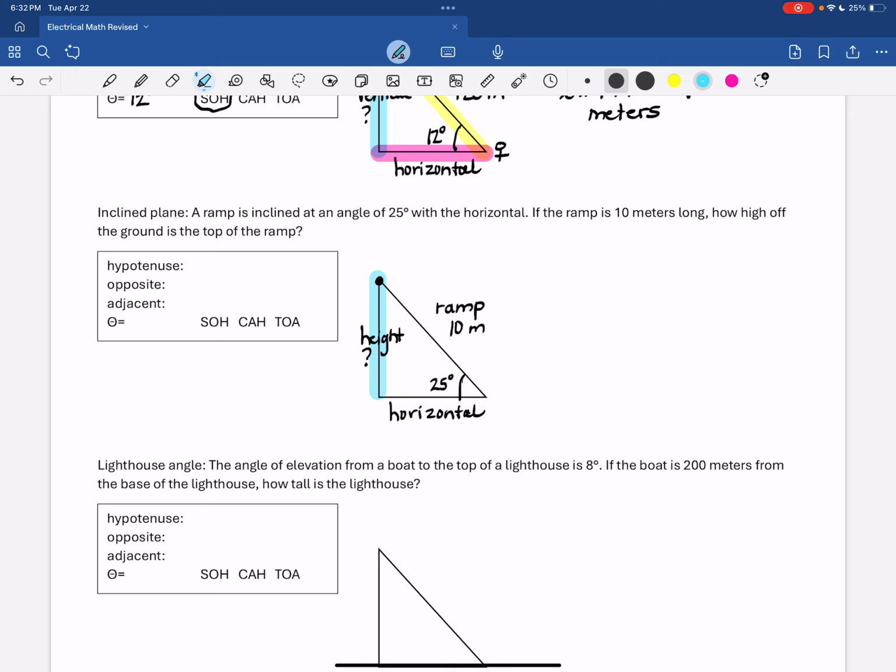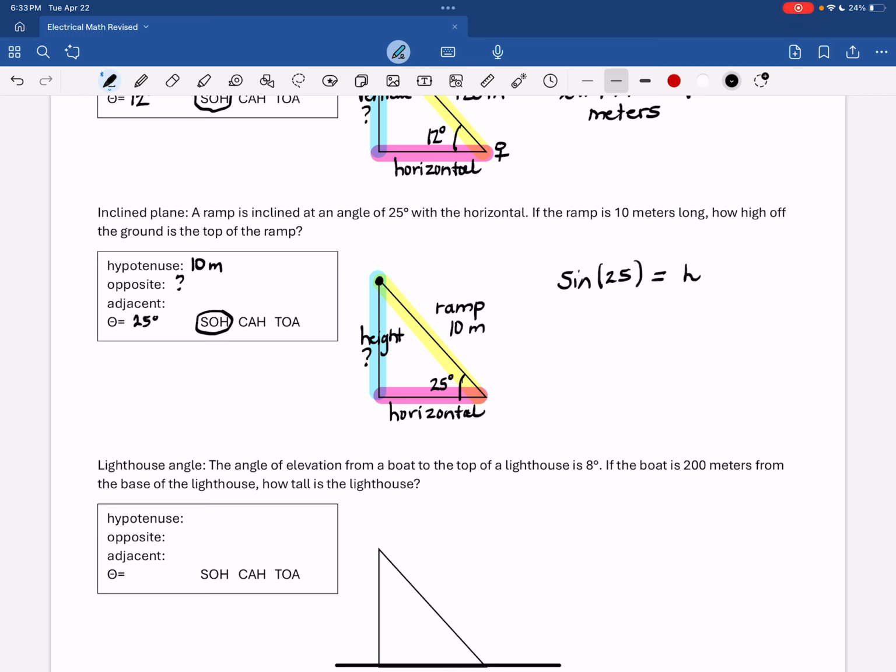Opposite, hypotenuse, adjacent. We want to know opposite. We know hypotenuse, and we know theta. So we're going to use sine to figure this out.